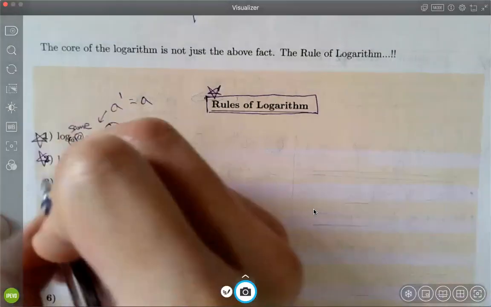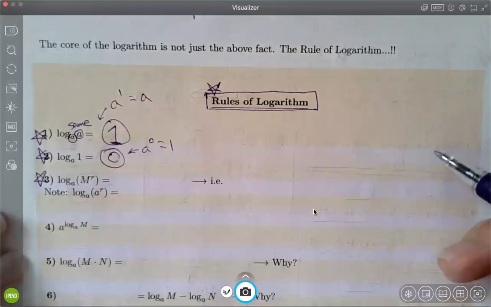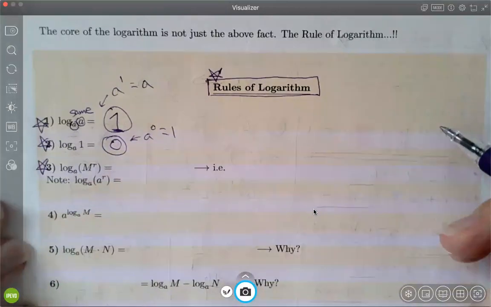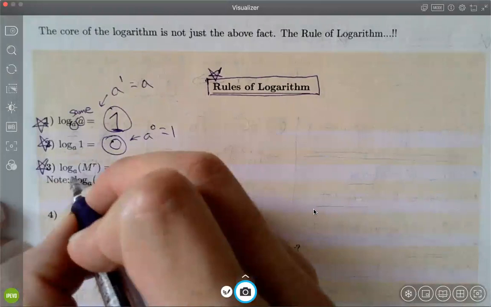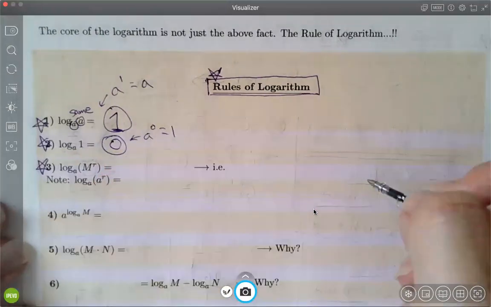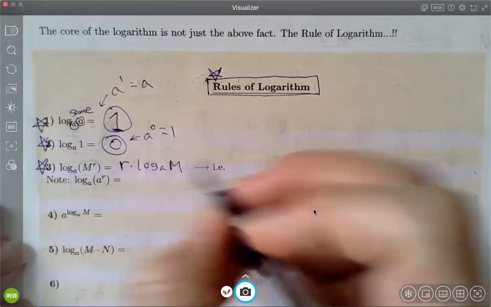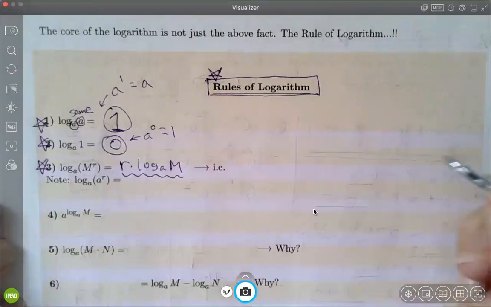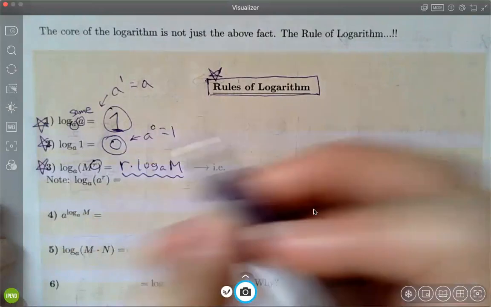This is the real beauty of the log. When you have a mixture of log and exponential form, what do you have? M to the power R is within the base A log. In that case, it's equal to R times log base A of M. And what does it mean? Take the exponent, which is R, and bring it all the way to the front of the log.